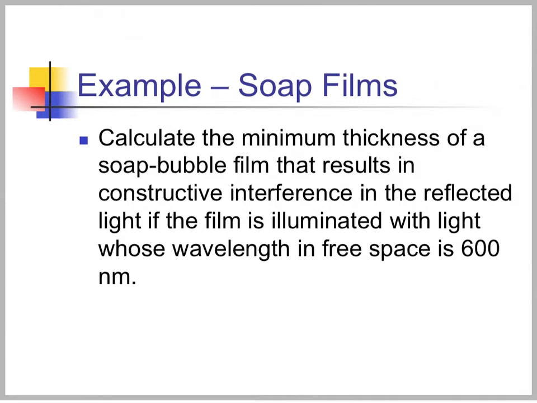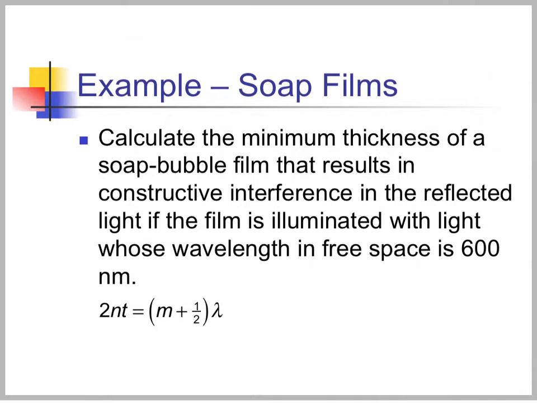So let's look at a specific problem. Calculate the minimum thickness of a soap bubble film that results in constructive interference in the reflected light if the film is illuminated with light whose wavelength in free space is 600 nanometers. So this is the condition that we used in our example before, where we have a thin film with air on either side.